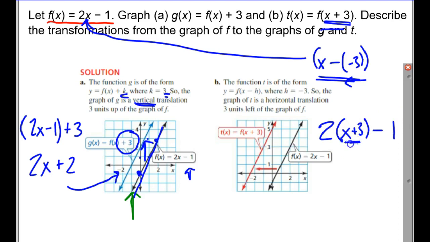So all I've done is I've substituted this in wherever there was an x. Then I can simplify and distribute. So now I have 2x plus 6 minus 1, and simplify some more, so 2x plus 5. And you'll see that it shifted my y-intercept, and it moved the entire graph to the left 3.